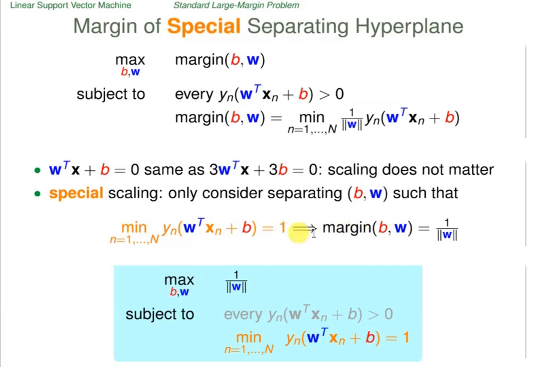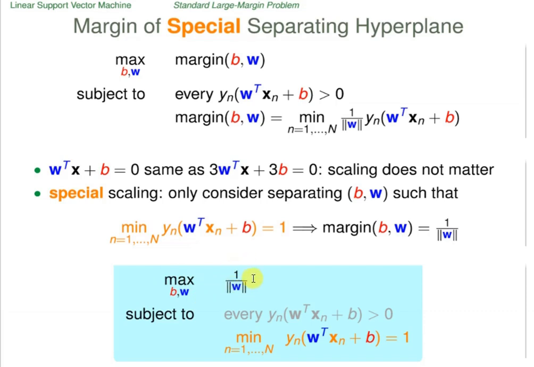This allows us to write down the margin as 1 over the norm of w. So this is the minimum distance. If the signal is equal to 1, then our margin will simplify to 1 over the norm of w.